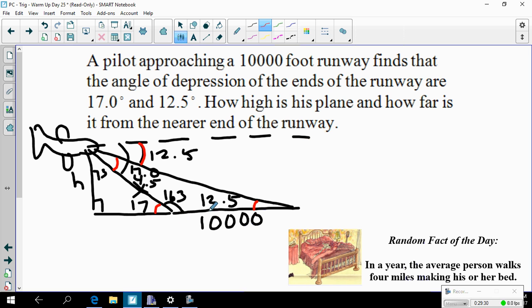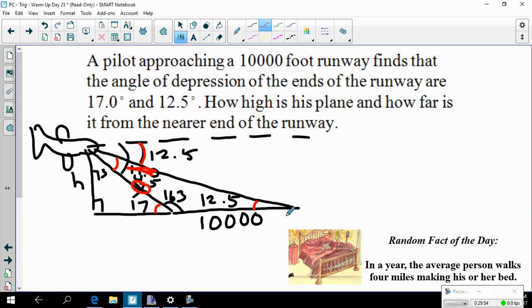So that happens a lot in double triangle problems. Let me take this out because that's not used anymore. You can find all the angles. So now the side that I'm going to find first is this concluded side. And what would you use to do it? Hopefully law of sines. You do 10,000 over sine of 4.5 equals x over sine of 12.5. And we'd go from there.